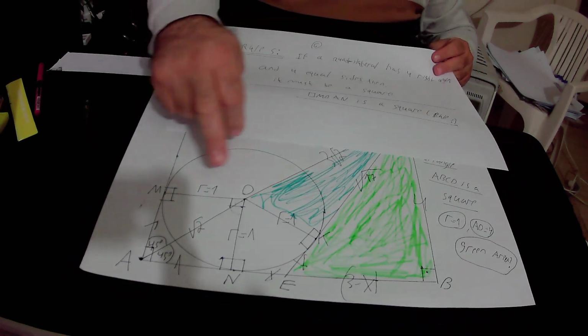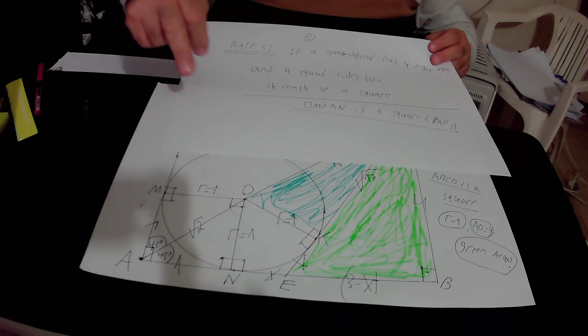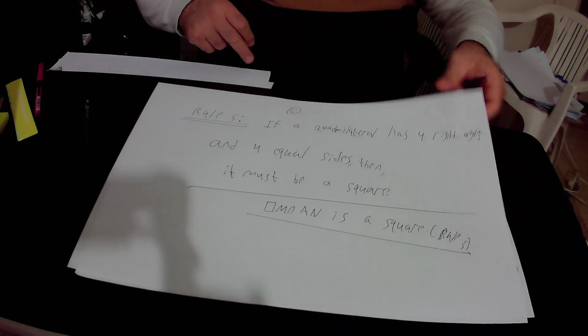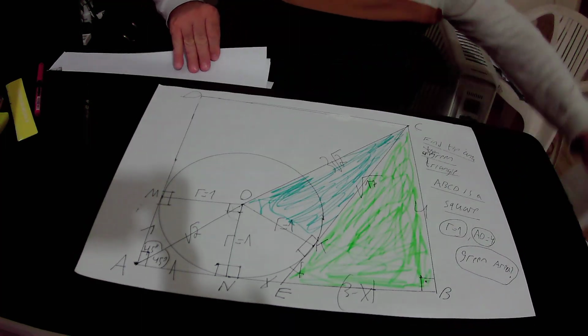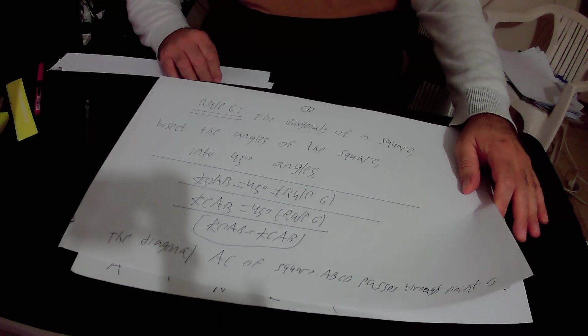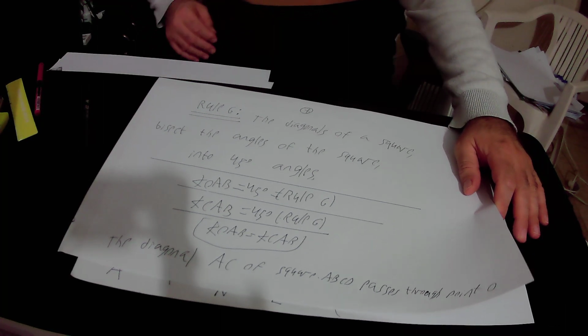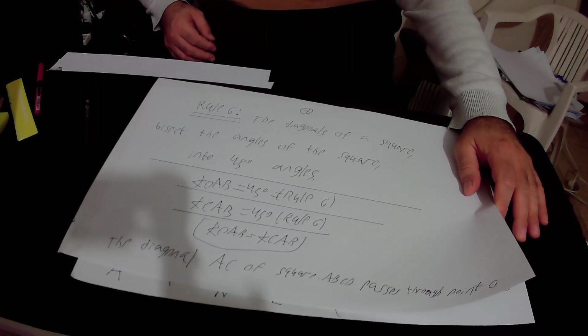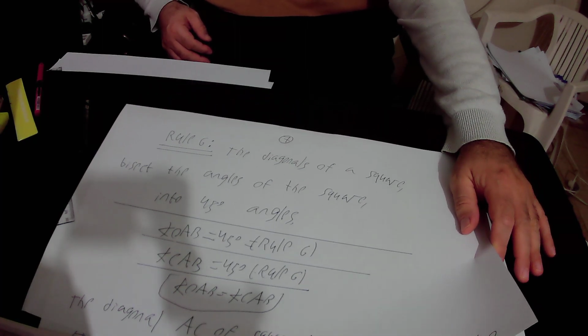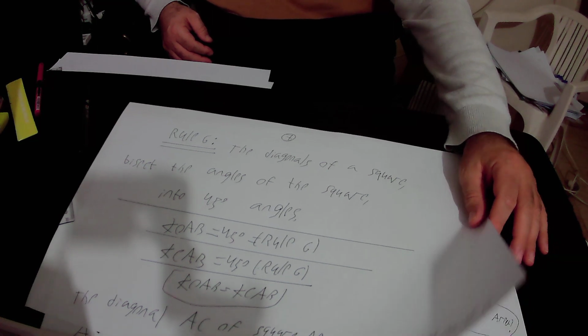And quadrilateral MOAN has 4 right angles and 4 equal sides, therefore quadrilateral MOAN is a square according to rule number 5. Okay, and we also have rule number 6. According to rule number 6, the diagonals of a square bisect the angles of the square into 45 degree angles.